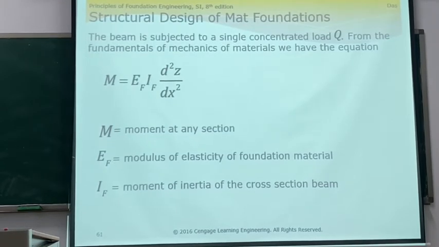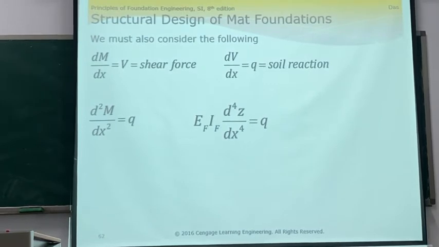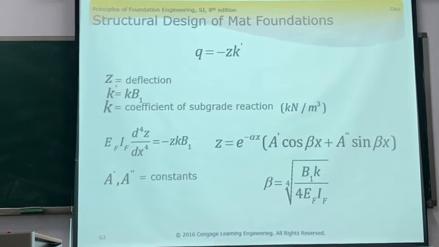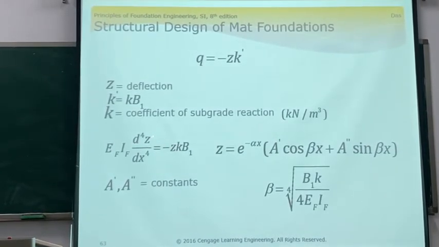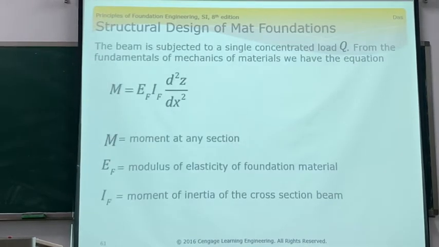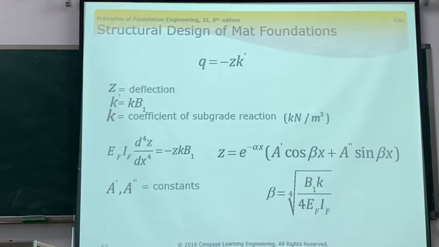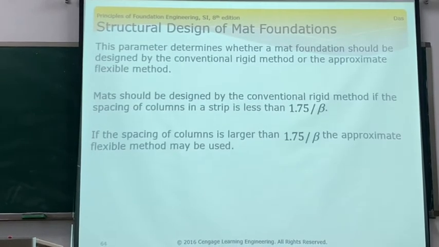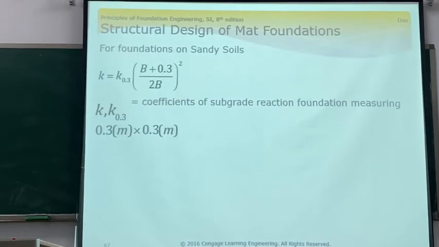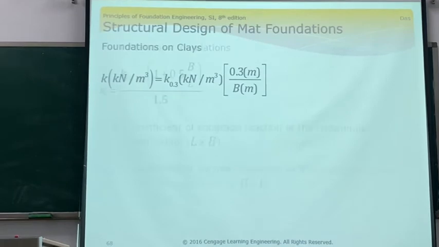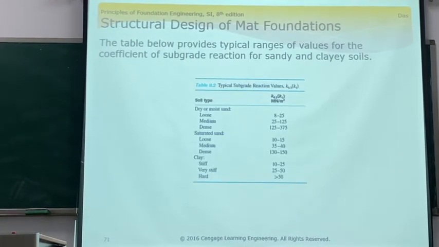We can use many methods. Take another parameter into this equation, then we can calculate it. This is about the k.